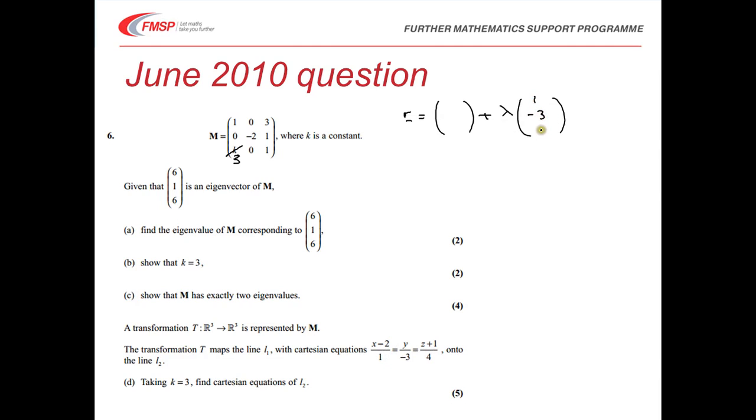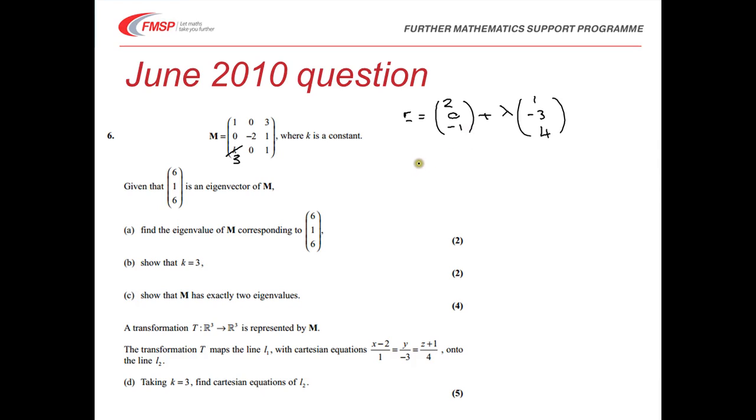So that's 1, minus 3, 4. The point on the line, its components are the things that you're subtracting from x, y and z here. So that's going to be 2, 0 and minus 1. So you need to know how that works, and I'm not going to cover that in this session, but that's how you convert between these 2 forms for a line.